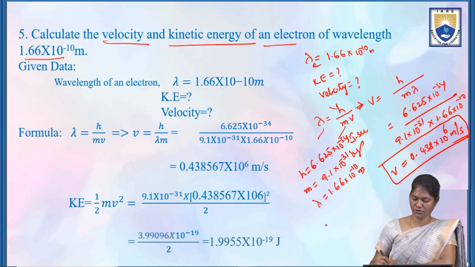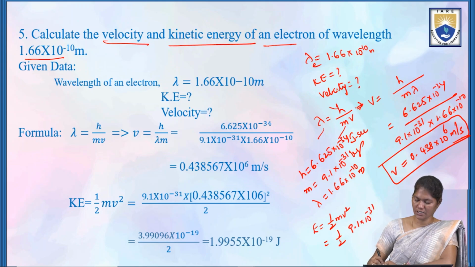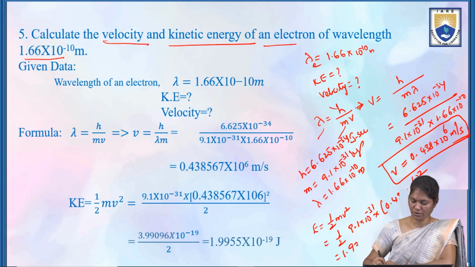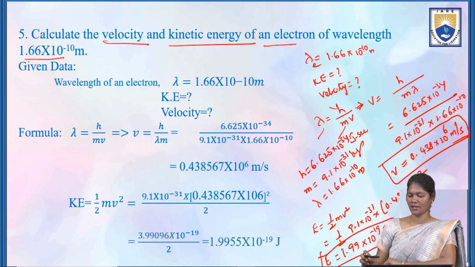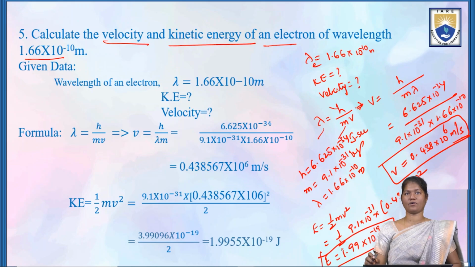Now we find the kinetic energy, which is half mv squared: half × 9.1 × 10^-31 × (0.438 × 10^6) squared, giving 1.99 × 10^-19 joule. This is the kinetic energy of the electron.